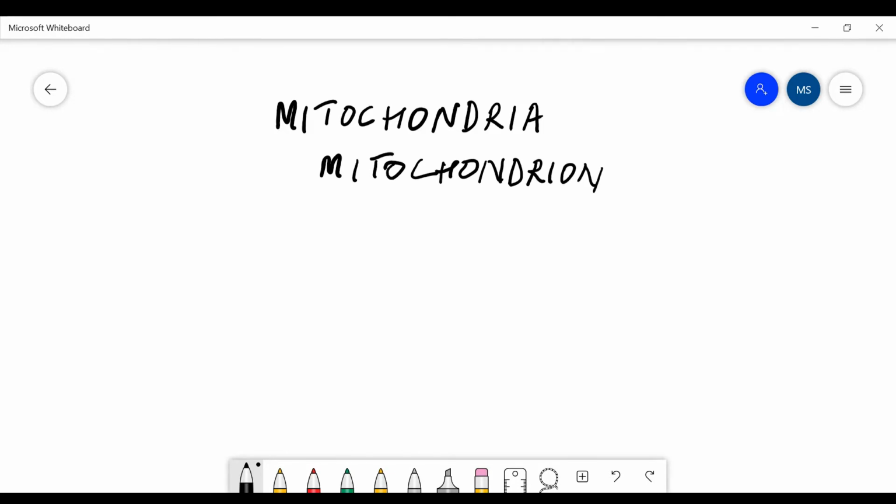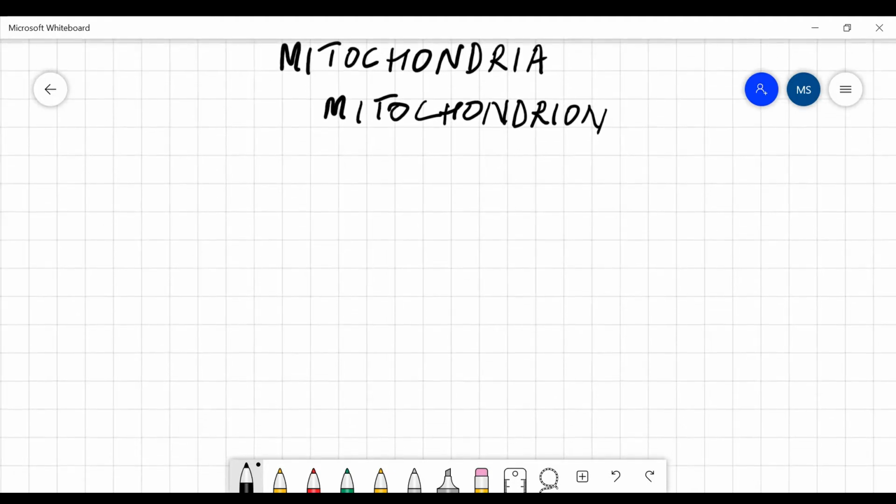The number of mitochondria per cell is variable depending on the physiological activity of the cells. Typically, it is sausage-shaped or cylindrical. Each mitochondrion is a double membrane bound structure with the outer membrane and the inner membrane dividing its lumen distinctly into two aqueous compartments, the outer compartment and the inner compartment.